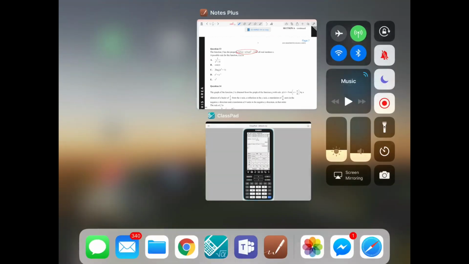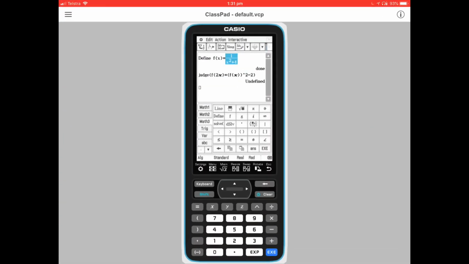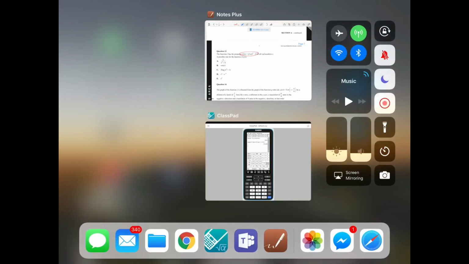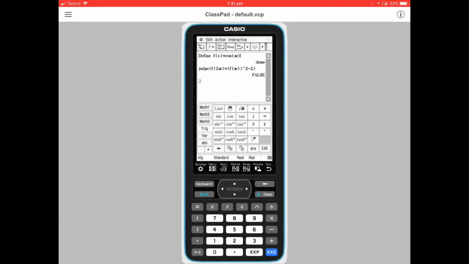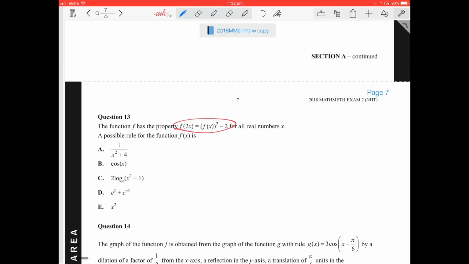So what was the next one? Cos x. Cos x, hit enter, false. It's going to be the last one for sure. 2 natural log of x squared plus 1, was it x squared plus something? x squared plus 1.